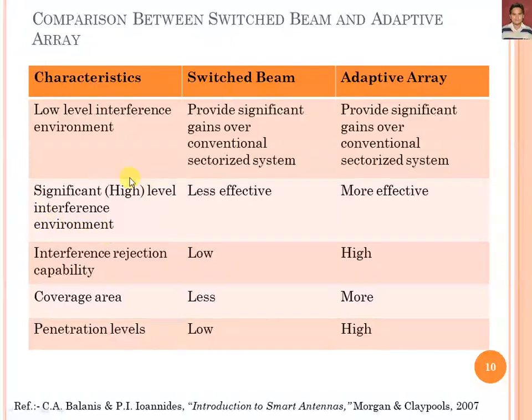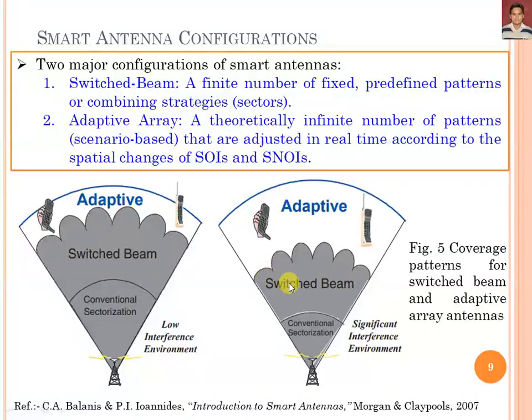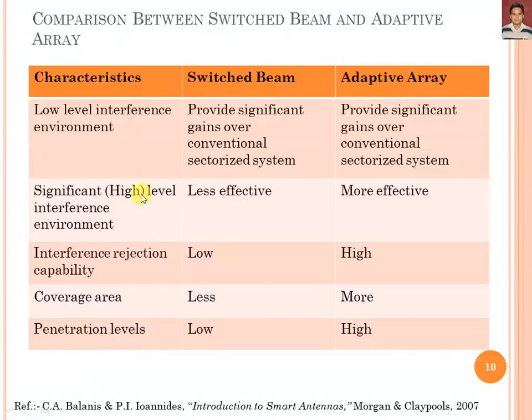In a significant interference environment, the switched beam is less effective, but the adaptive array is more effective. As you can see from this figure, in a significant interference environment the adaptive array is more effective and provides a wider coverage area than the switched beam antenna system.